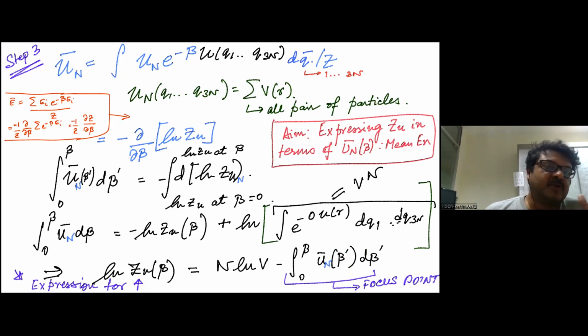You also have the momenta, but they're going to cancel. Ideally, you should have d3q, d3p, but the challenge is primarily in the position degrees of freedom.